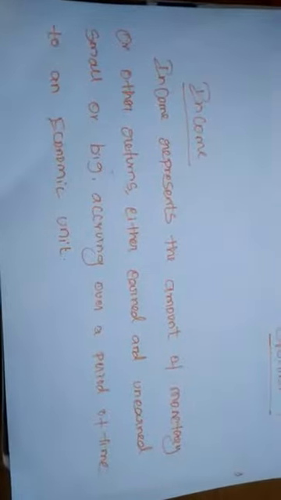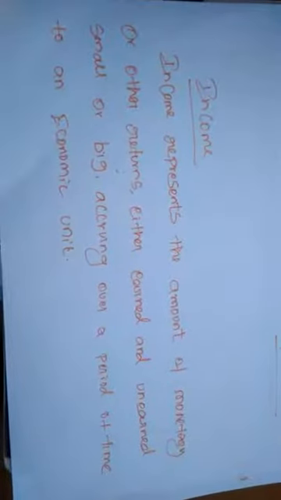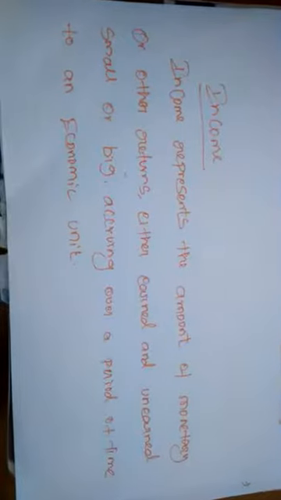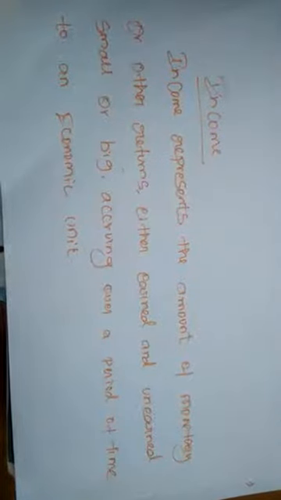Real income is the purchasing power of income. Purchasing power of income means when you have an amount of income, you are able to purchase more commodities. Otherwise, how many commodities can be purchased by your income, that is your real income.